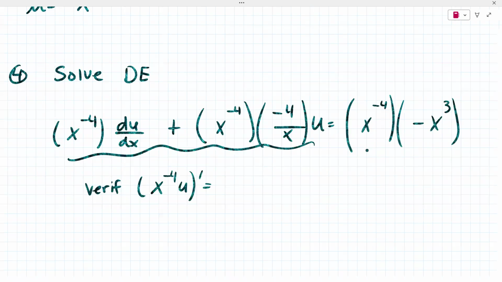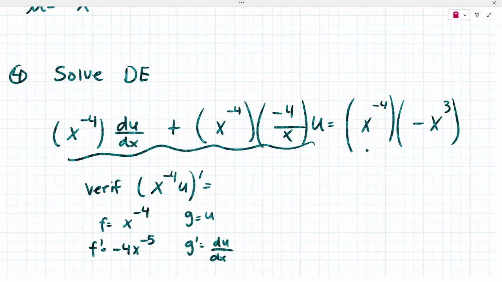So my f is x to the negative 4. My f prime is negative 4x to the negative 5. My g is u. My g prime is du dx.